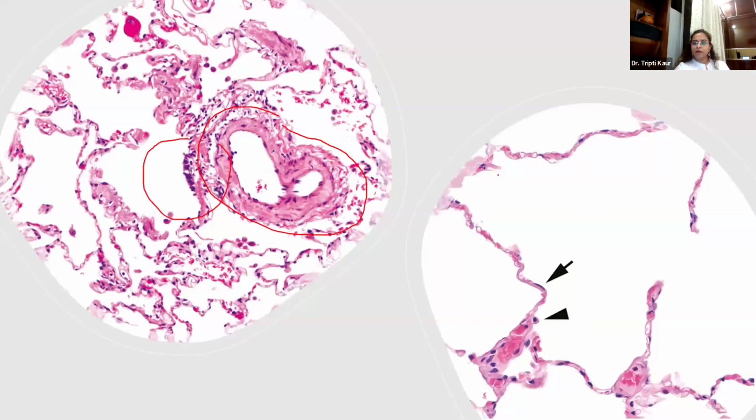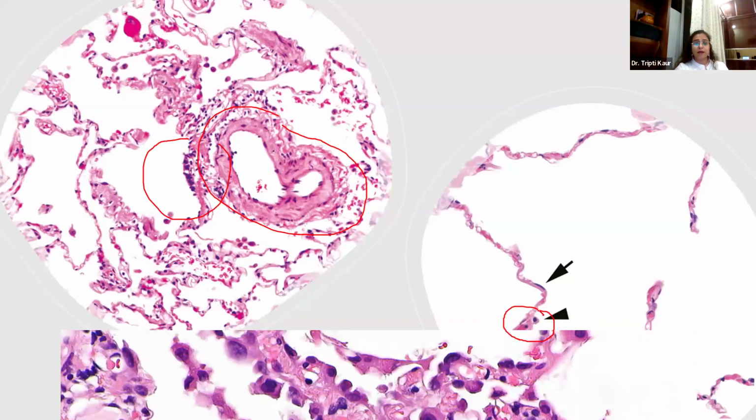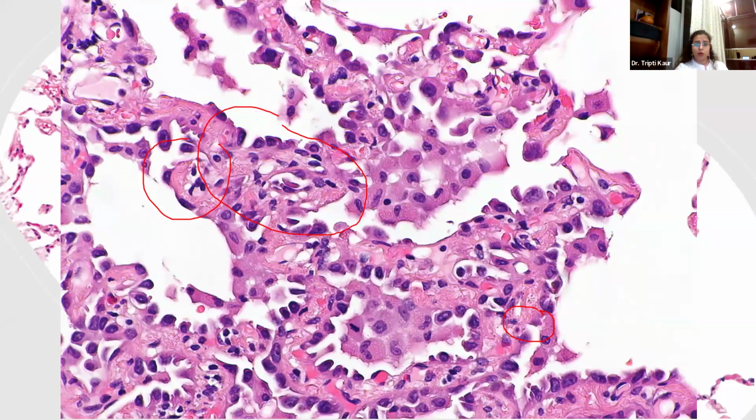And if you look at these alveolar spaces, they are lined by these flat type 1 pneumocytes and a very few of these outpouched cells, which are the type 2 pneumocytes. These type 2 pneumocytes are very important because they form a part of the reparative process.